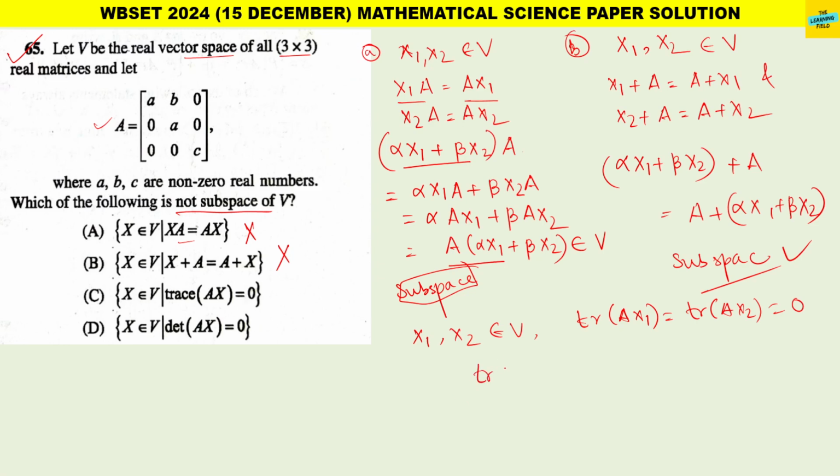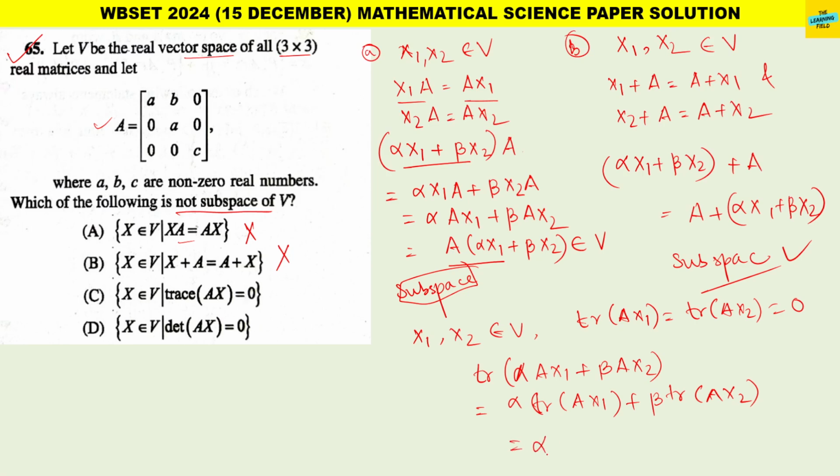Now trace of (alpha A x1 plus beta A x2), we know that trace of A plus B equal to trace A plus trace B, so ultimately we can write alpha into trace of A x1 plus beta into trace of A x2.